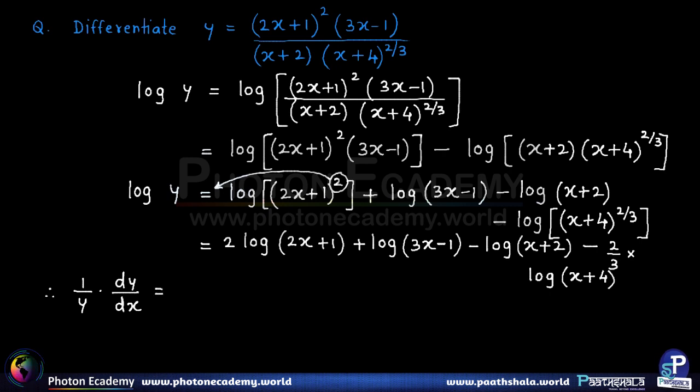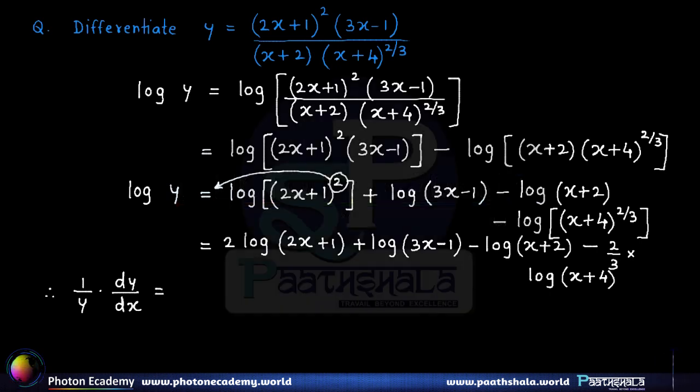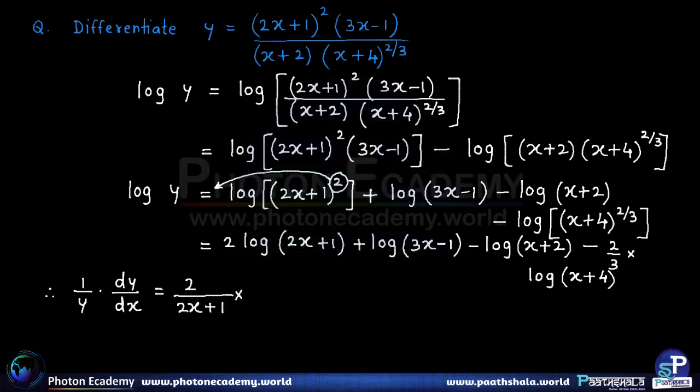So this is equal to, now on the right hand side we have to differentiate first 2 into log of (2x plus 1). So 2 will remain as it is, it's a constant. Then log of (2x plus 1) will be 1 upon (2x plus 1) multiplied by the derivative of 2x plus 1. So here also we use the chain rule, and the derivative of 2x plus 1 is nothing but just 2 because that's the derivative of 2x, and the derivative of 1 is 0.